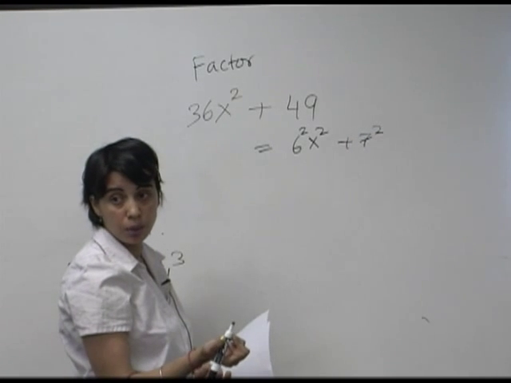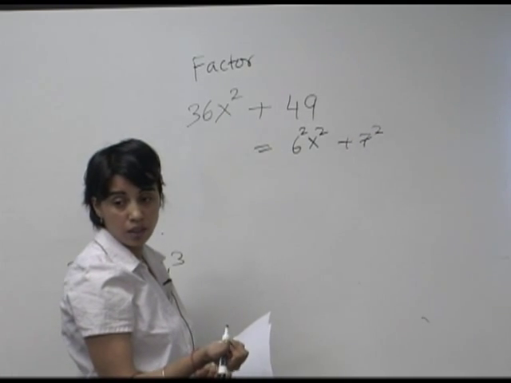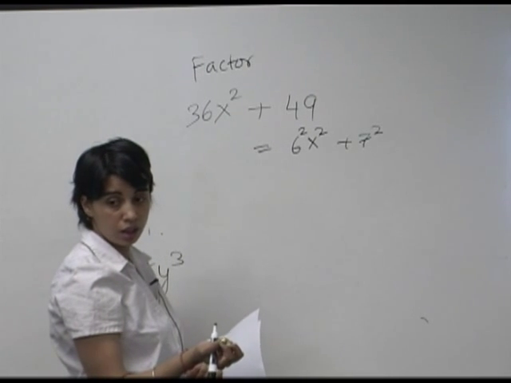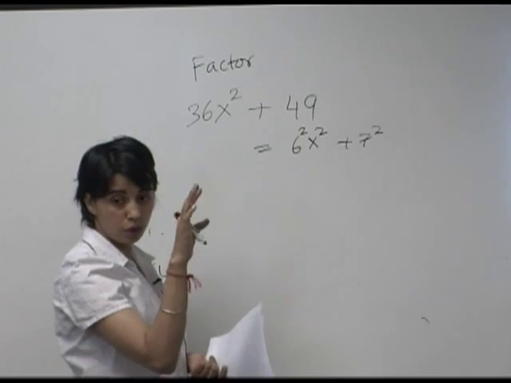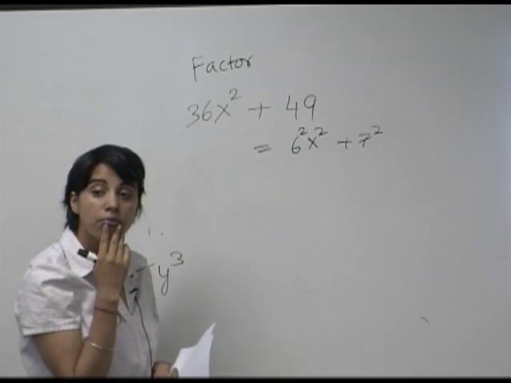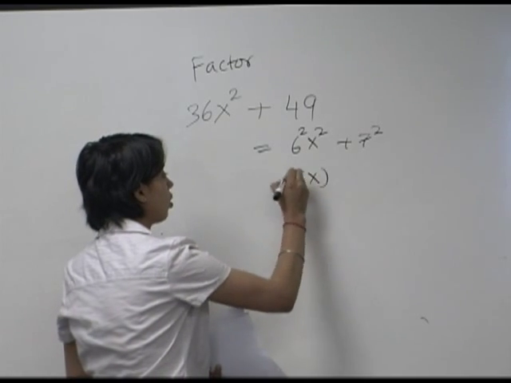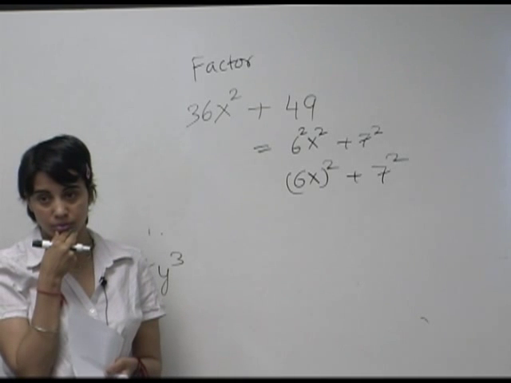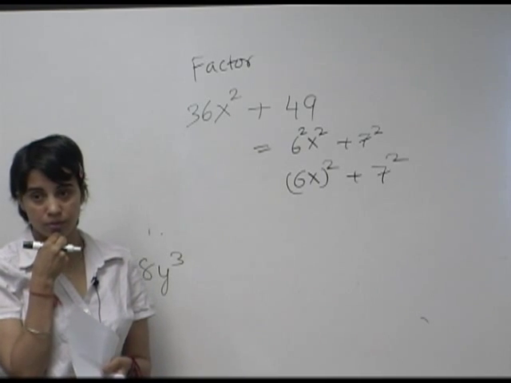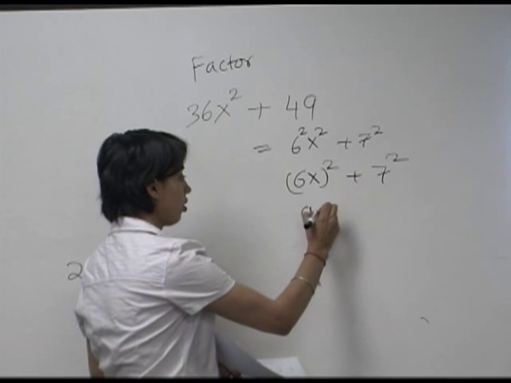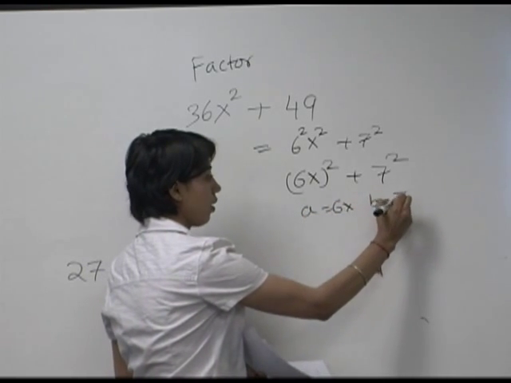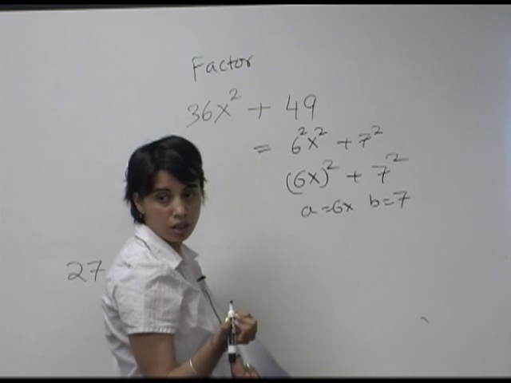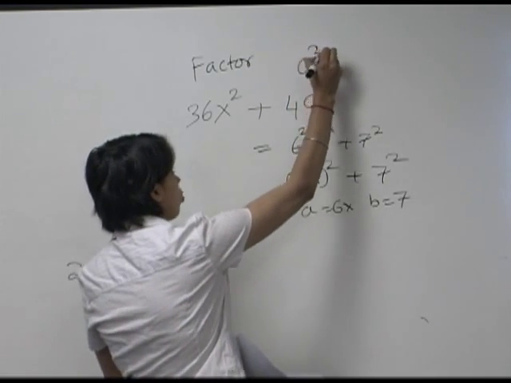Then it would be 6x squared, or in the parentheses, plus 7 squared. Okay, you mean this, all right? Okay. Then, a is 6x and the b is 7. Then it's going to be 6x minus 7 or 6x plus 7. The formula is a squared minus b squared.